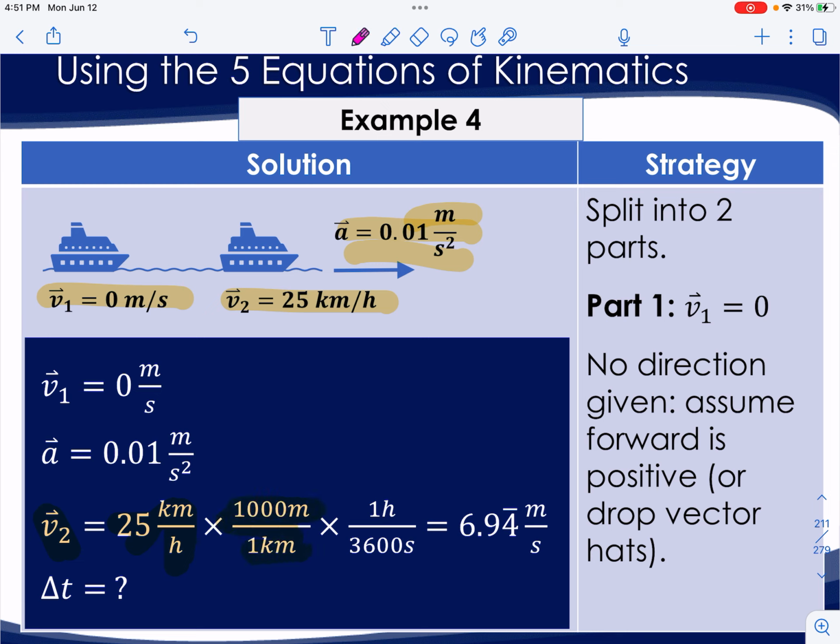And you can see when you do this that the kilometers cancel, and you're left with meters, which is what we want on the top. And then we multiply it by an hour over 3,600 seconds. And what that does is it cancels hours, and you're left with seconds. So then you're left with meters per second, which is what we want. Okay, so we end up having a V2 of 6.94.